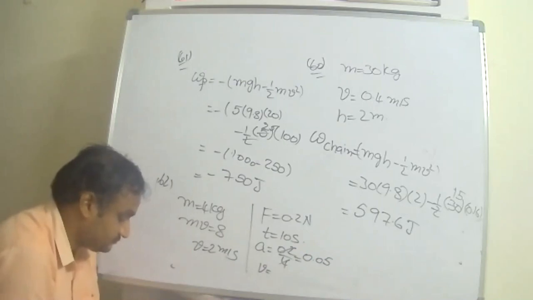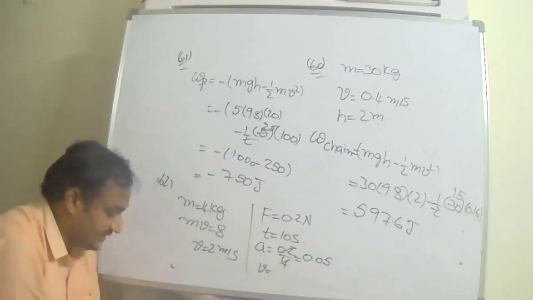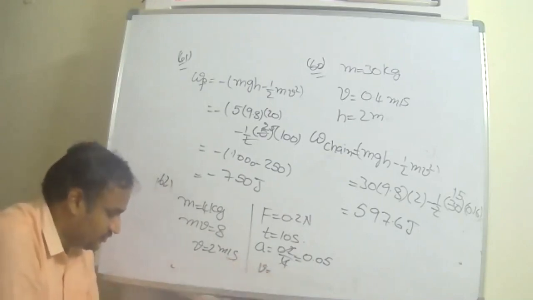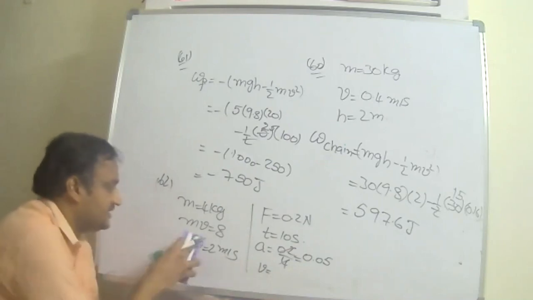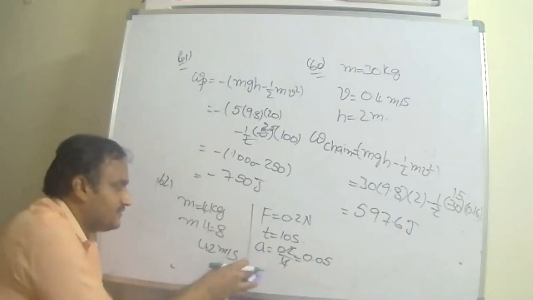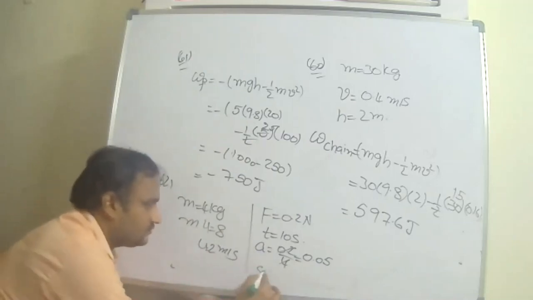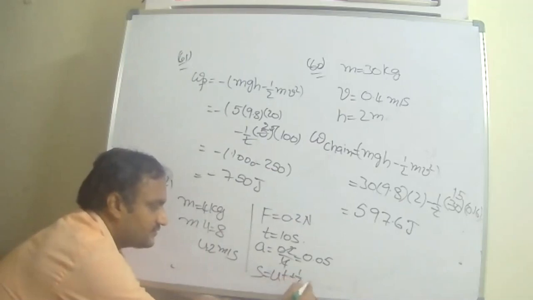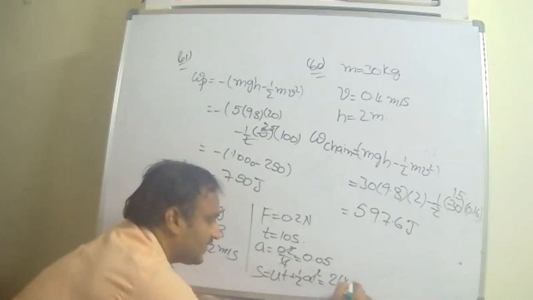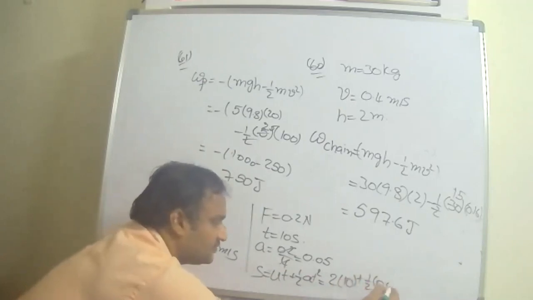Increase in kinetic energy is work done, but we do not have displacement. So s is equal to ut plus half at square. Initial velocity u is 2. So s is 2 into 10 plus 1 by 2, 0.05 into 100.